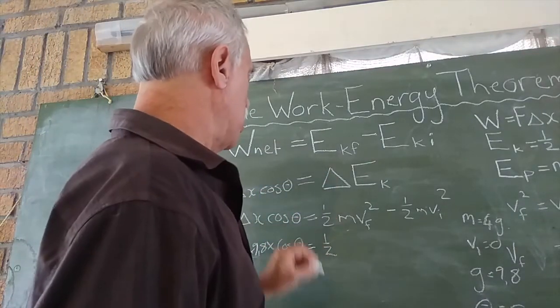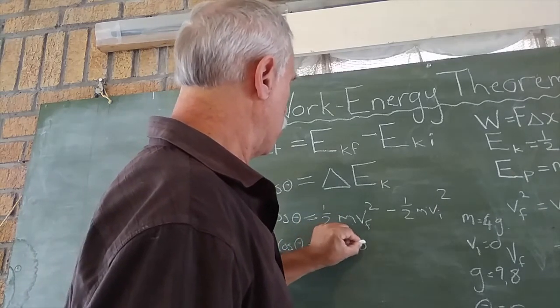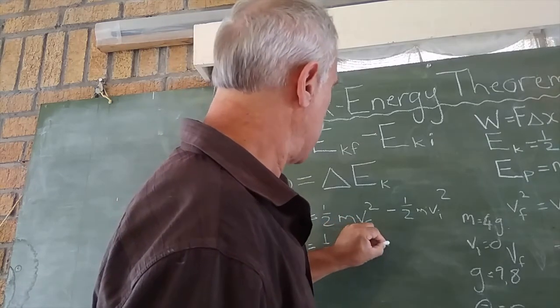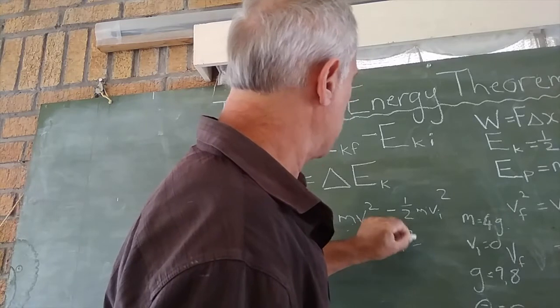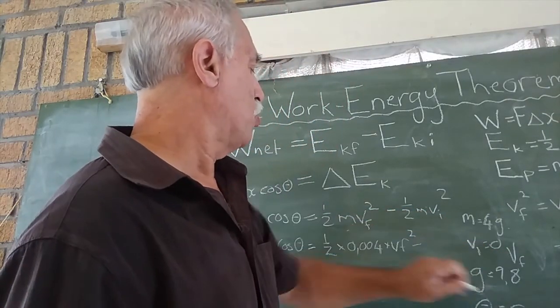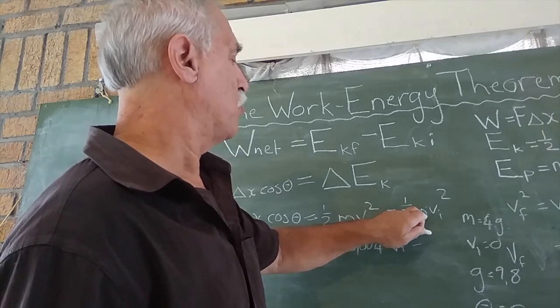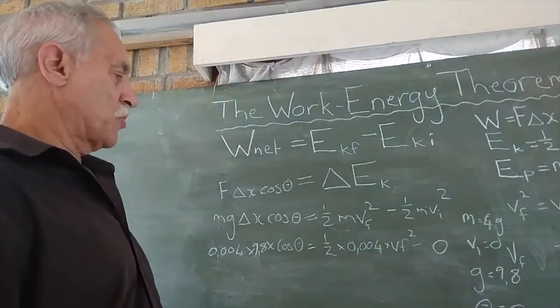Now let's get back to here. Times the mass of the coin, 0,004, V final squared, minus a half mass V initial squared. Now V initial is 0, so I don't have space, but I could write half times 0,004 times 0 squared, but let's just say it's 0.